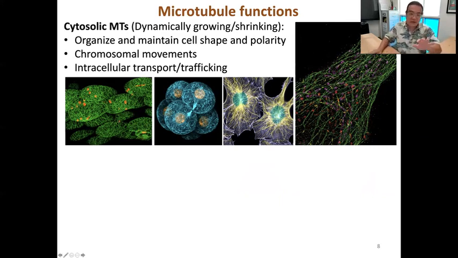In these wonderful, colorful illustrations here of different cell types where microtubules have been stained with different fluorescent markers, I think these are beautiful. Like the ones on the left, these green ones, you can really appreciate how these green microtubule fibers define the shape of the cell. Here you can see cells that are, maybe this is in the process of dividing. So now you have 2 daughter cells that have finished or are finishing cytokinesis.